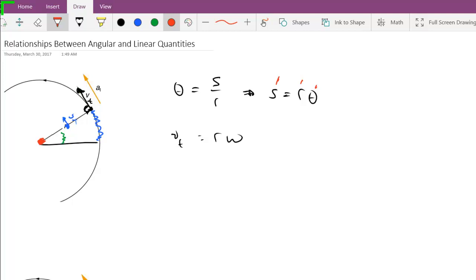It's just simply rotating in a circle. It has no linear speed associated with it. So the tangential velocity, the velocity tangent to any point on the curve, is the radius times the angular velocity. This is the definition of the tangential velocity. And the units of this are in meters per second.